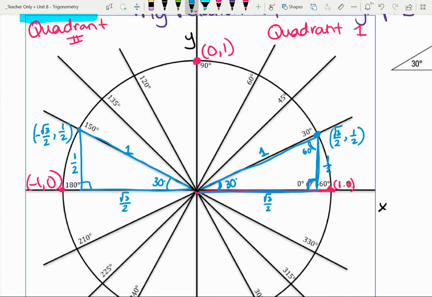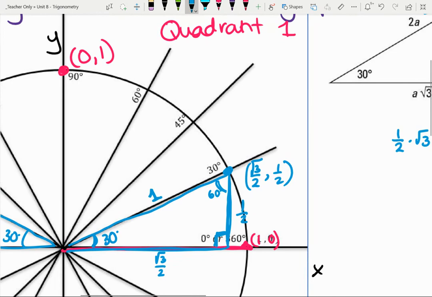Of course, this is not the only reference angle that we have. So let's take a look at what else we have going on here. I'm going to use a different color here to take a look at this 45-degree angle. And again, I'm going to draw in my triangle, my right triangle. And that right triangle represents the length of the legs there. Since this is a unit circle, my radius is 1.